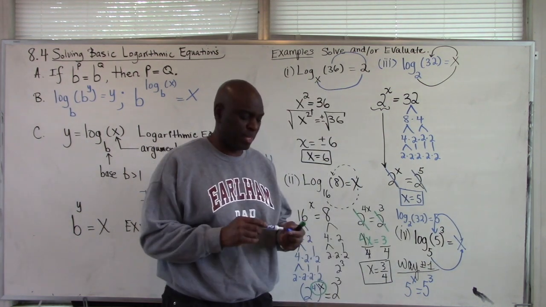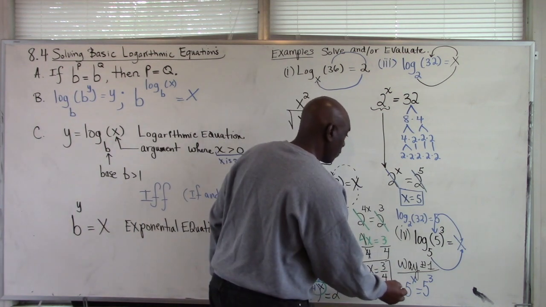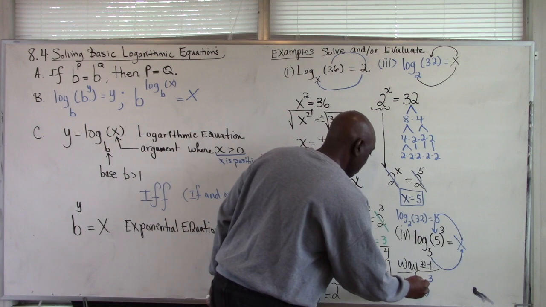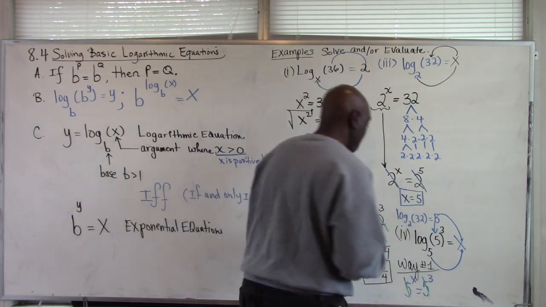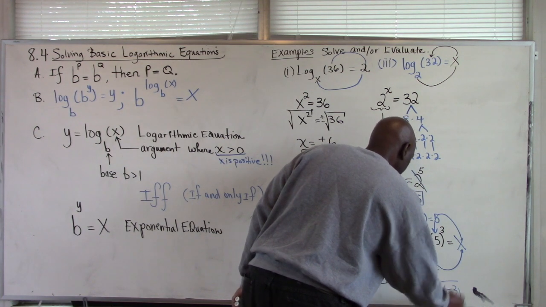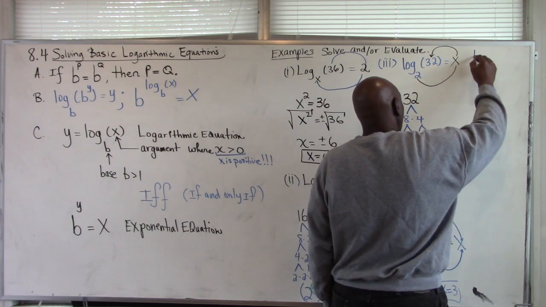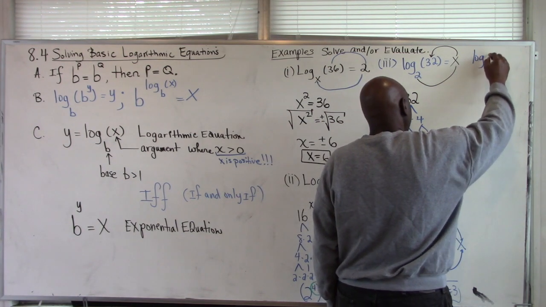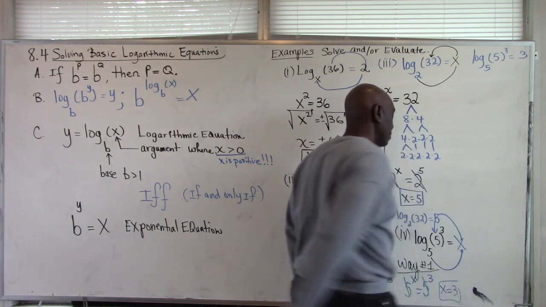Wheels on the bus. That's pretty simple, because now, of course, the 5's cancel out, and we're done. You see x equals 3, right? Which means then that log base 5 of 5 cubed is simply 3.